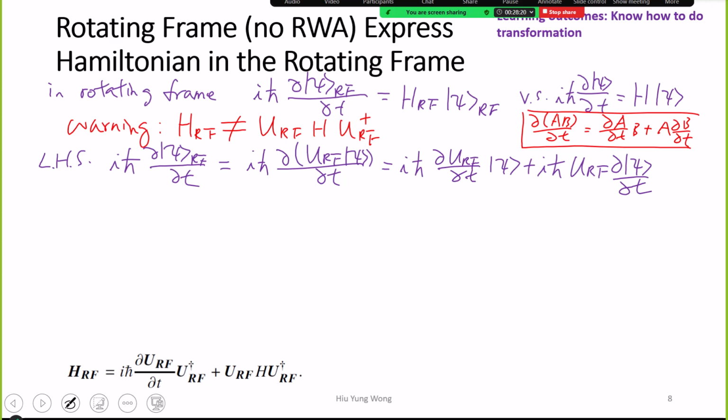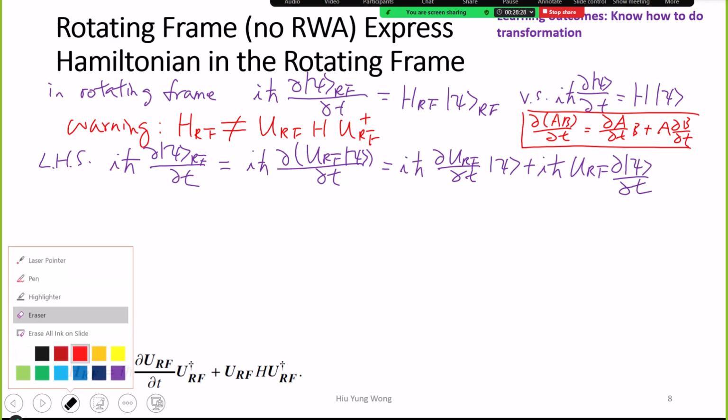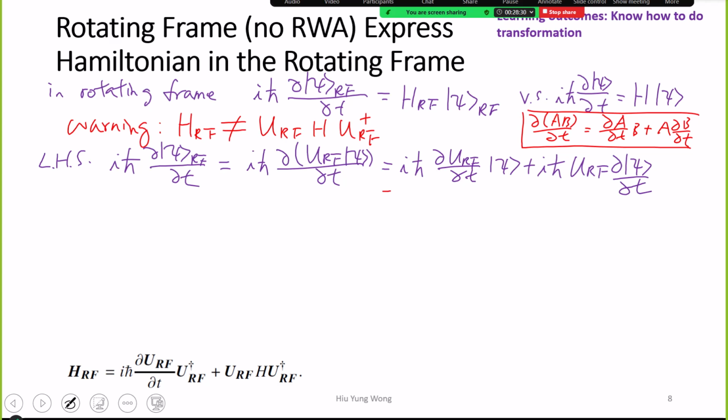Now with this, what do I do? You see this also equals, let me look at my cheat sheet, i h-bar partial U_RF partial t. It is the same, I keep it. But for the second term, this is just U_RF times H psi. Do you know why?